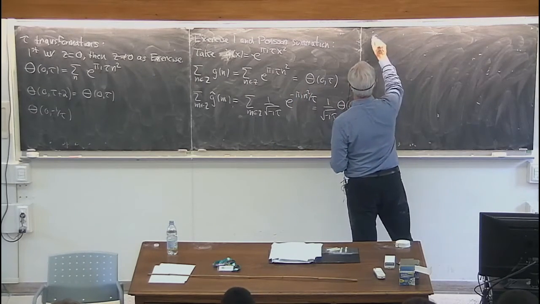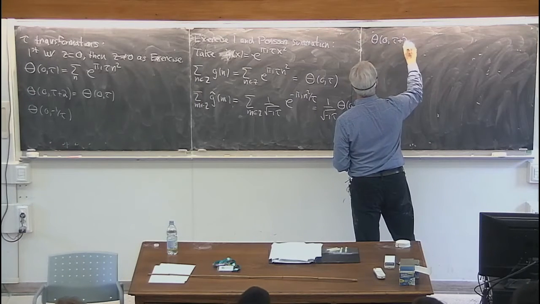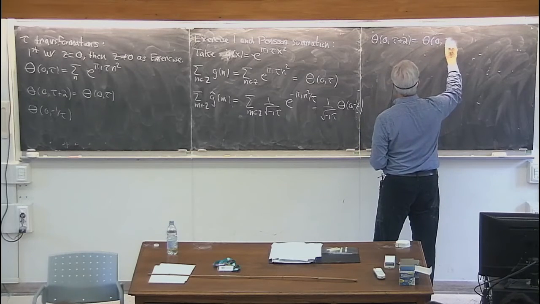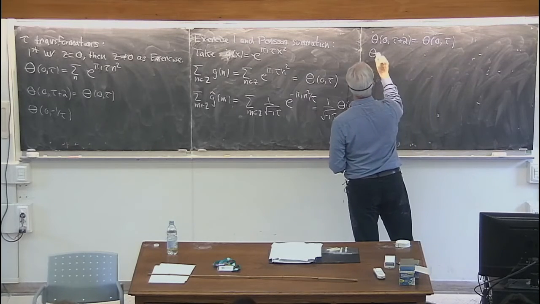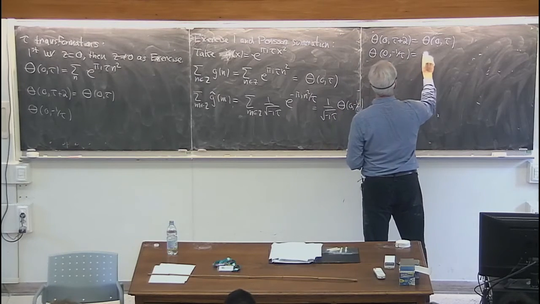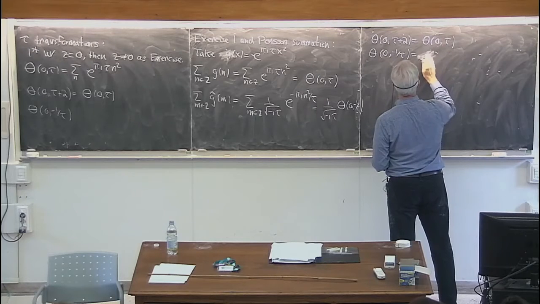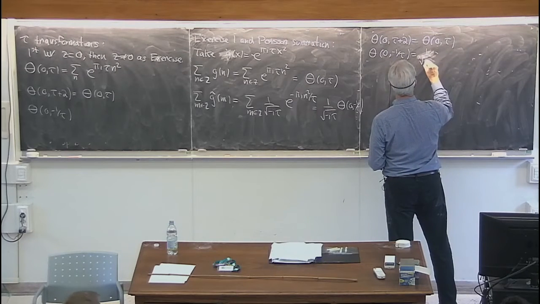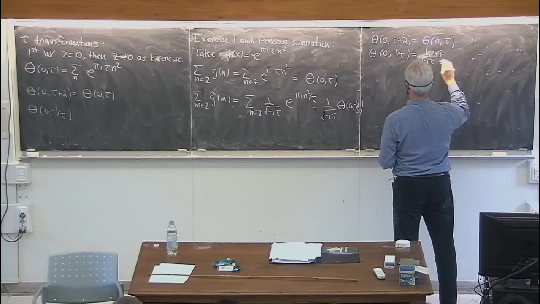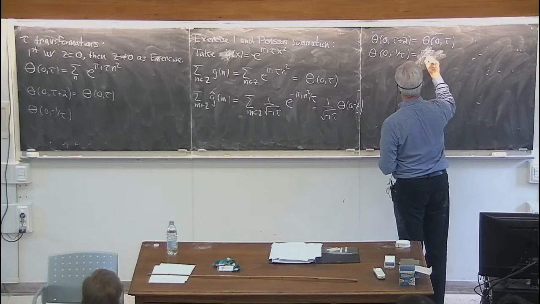All right, so we have square root of minus i tau.